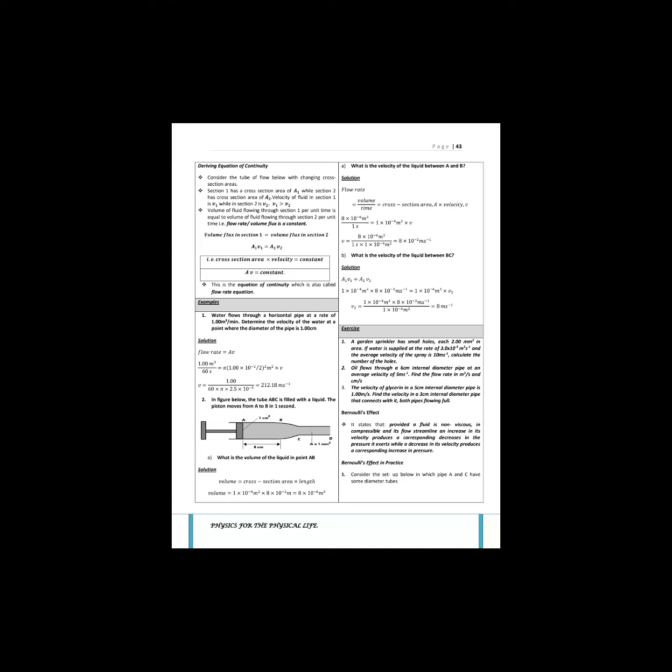We have been told that the pipe has a diameter of 1 centimeter, which is also the same as 1/100 meter. Now, can we get A, the cross-sectional area, by using pi r squared? We can use 22/7 multiplied by what will be our r?